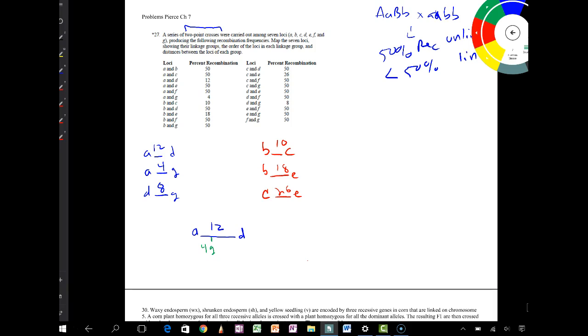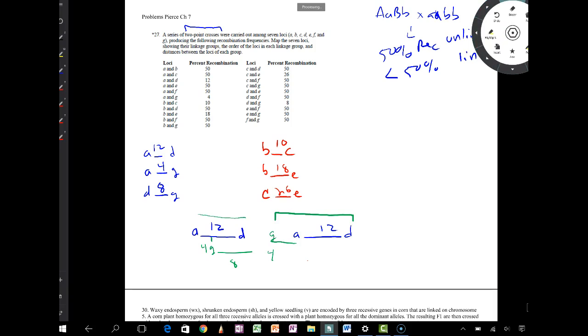Or, if A and D are 12 and A and G are 4, it's possible that G is on the other side of A. If so, we would expect D and G to be 16, but D and G are 8. In the first case, A and D are 12, A and G are 4, and D and G are 8. So that makes sense, and this other one is not the right map.